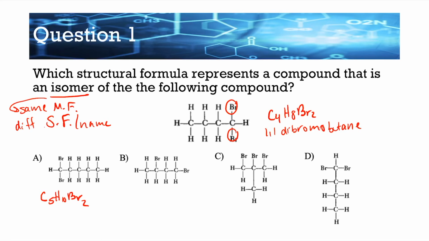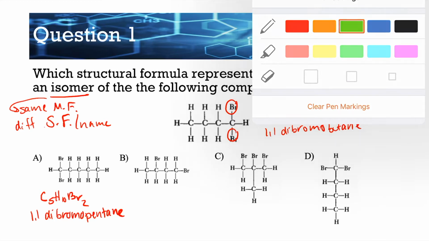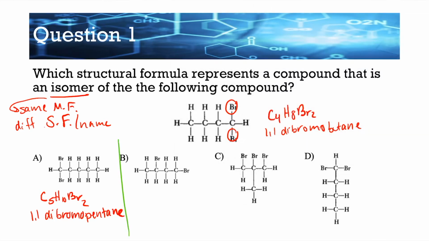So right off the bat, we know that the formula is different, so it can't be an isomer. But if you want naming practice, it would be 1,1-dibromopentane. So we have that different name, but you have to have the same formula. So that can't be A.